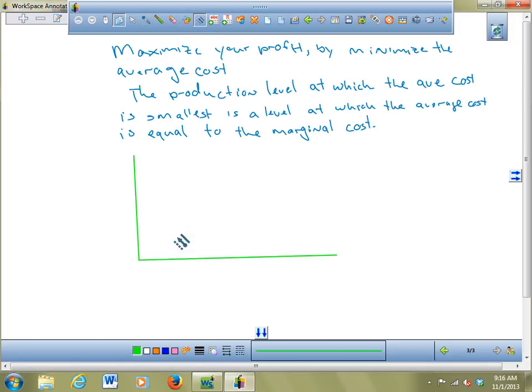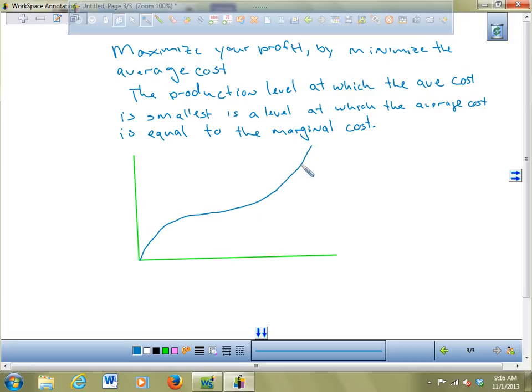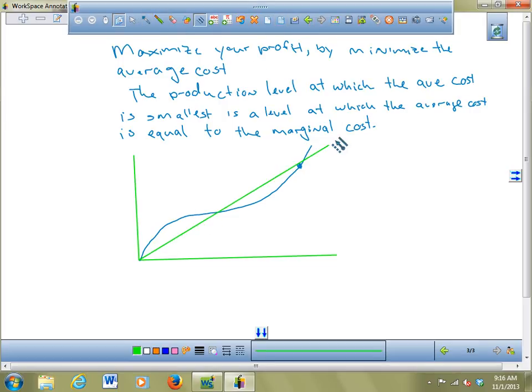All right. So if you have a cost equation, and your costs are initially high, and then they slow down, and then your costs increase, your average cost would be represented by the slope of this secant line. Do you understand that? That's your average cost, okay?